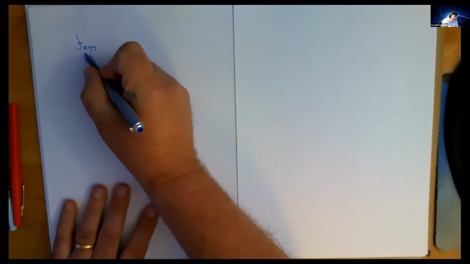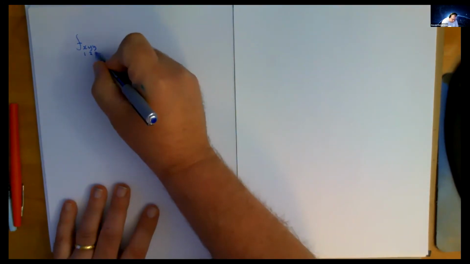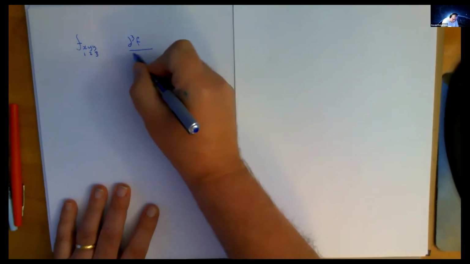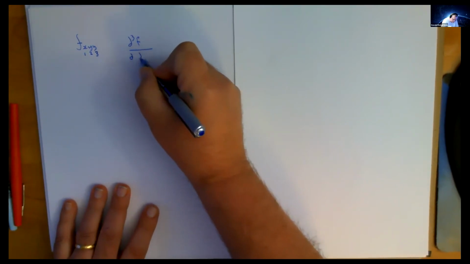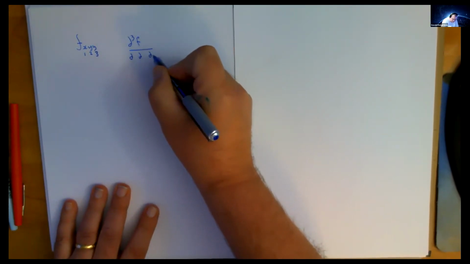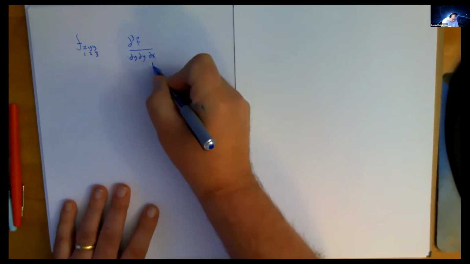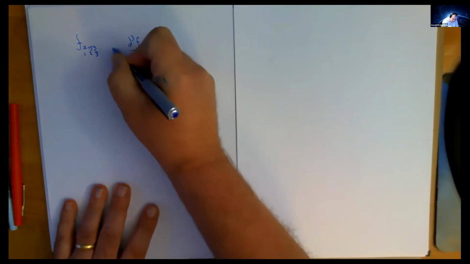And wouldn't you do with respect to x first, with respect to y second, and with respect to y third, right? It would be written down using that notation in that order.